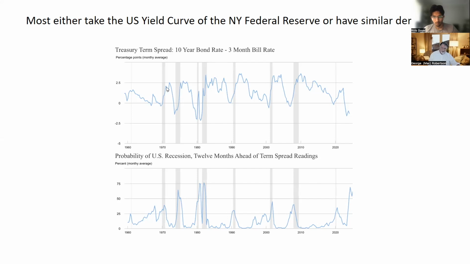So the term spread, 10-year versus 3-month bill, this dips. It is very good. I mean, it's really worth your while to pay close attention to this, which of course everyone has done. Sometimes it tends to 2, sometimes it tends to 1, and so on.